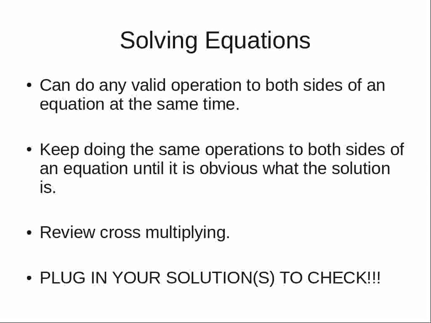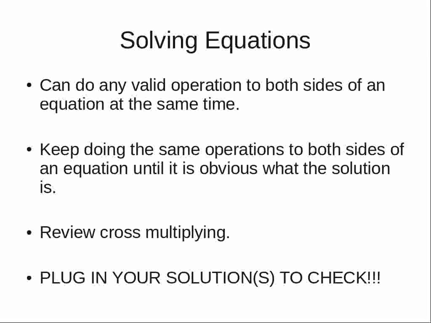When you see an equation, okay, the topic here is solving equations, you can do any valid operation to both sides of an equation at the same time. All right, think about a seesaw and think about adding or removing weight from both sides of a seesaw that's balanced. You have to add or remove the same amount from both sides to keep it balanced, right?